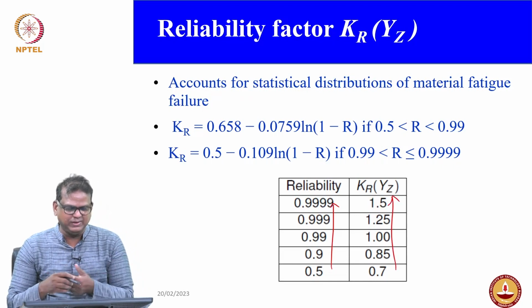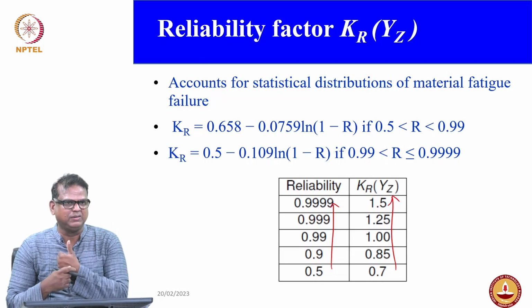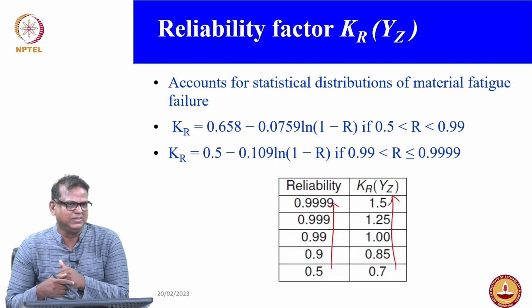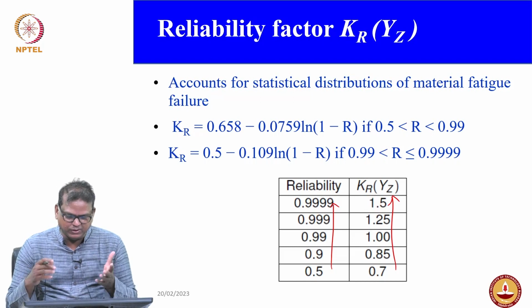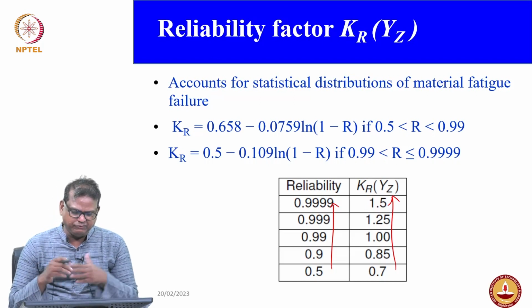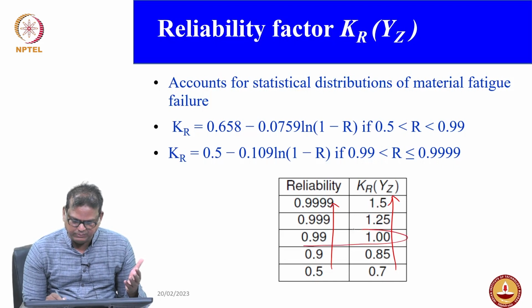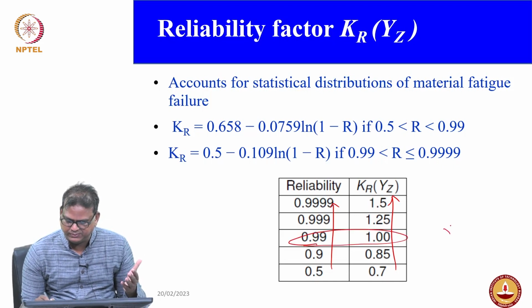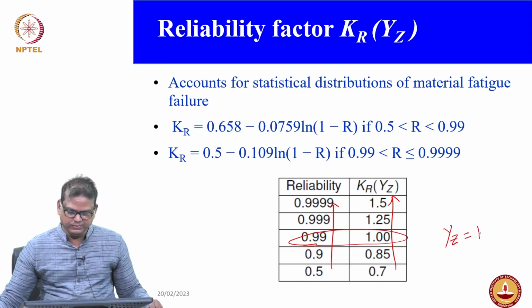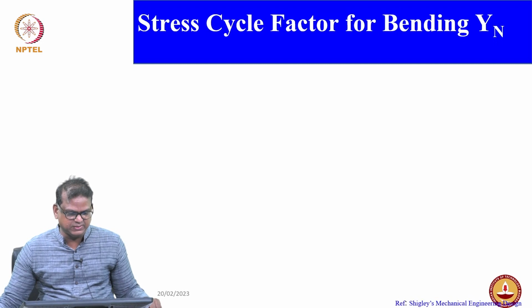Reliability is higher for watches because you need very high precision. It depends on the application. Usually for automobile applications, a reliability of 99% is sufficient, that would be alright. So Y_Z we can choose as 1, unless specifically given otherwise.